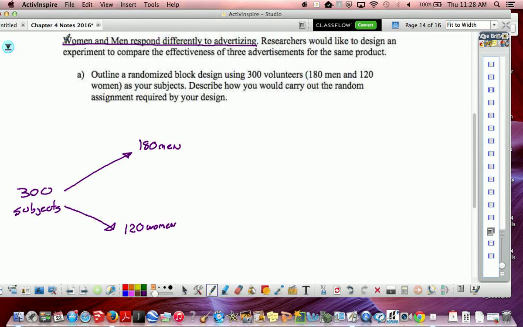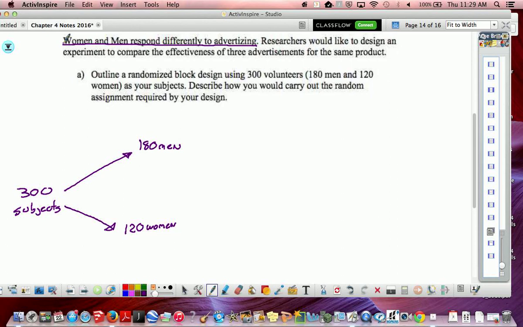Because if we know that men tend to respond better to, say, ad 2, and women tend to respond better to ad 1, then as a company we can start to target men and women by placing those ads in areas or shows that men tend to watch more often and women tend to watch more often.